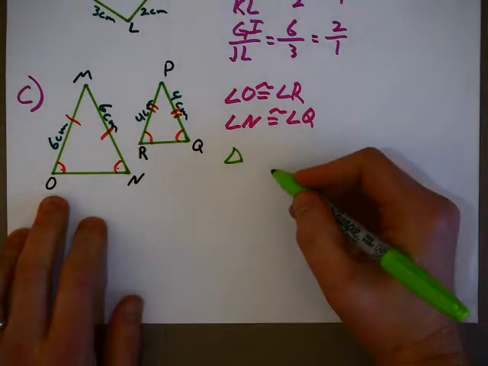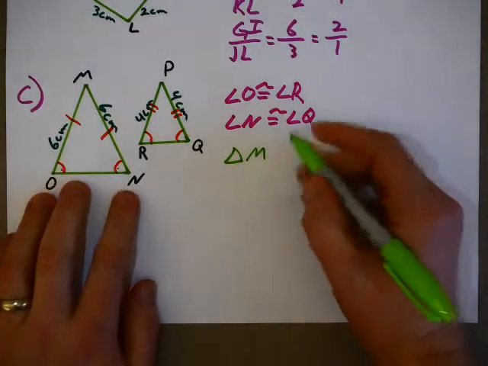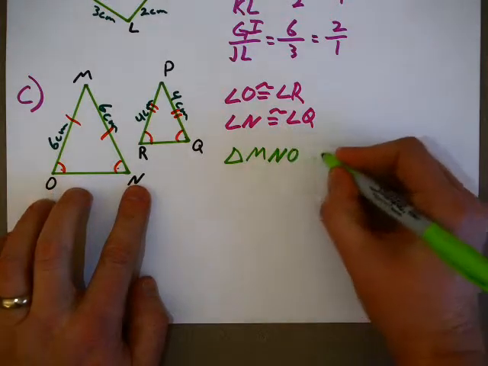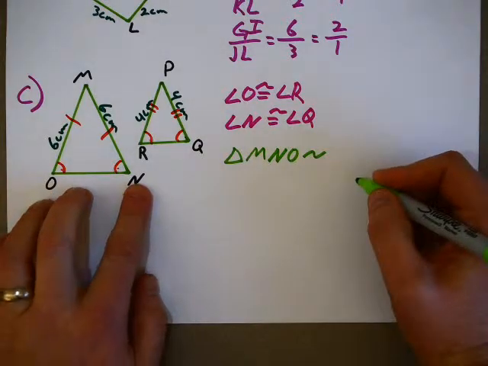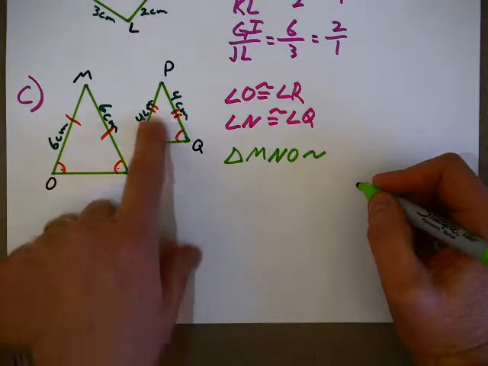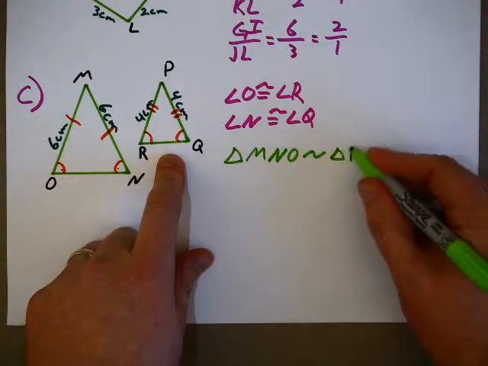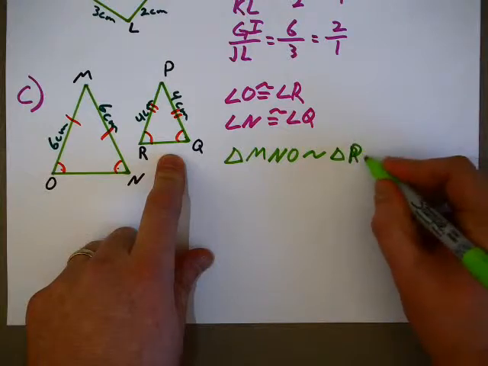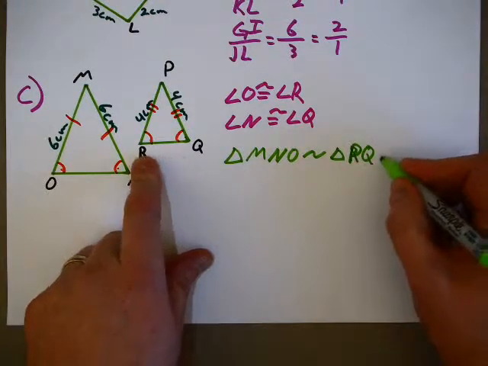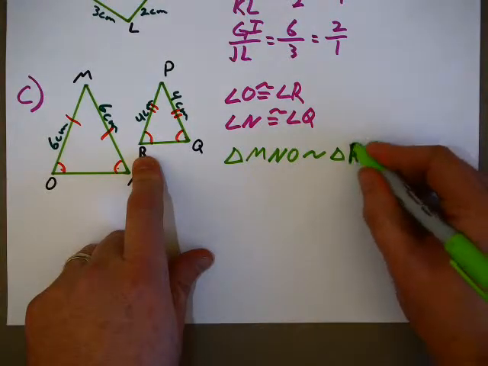So let's write it alphabetically. M, N, O is similar to, and we'll go in the same order, angle P, Q, R.